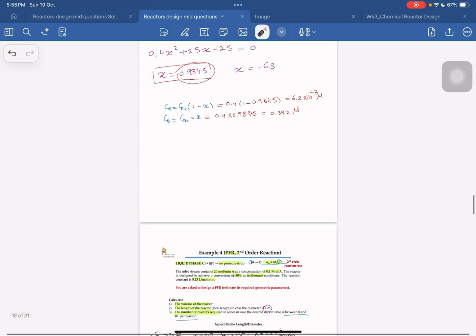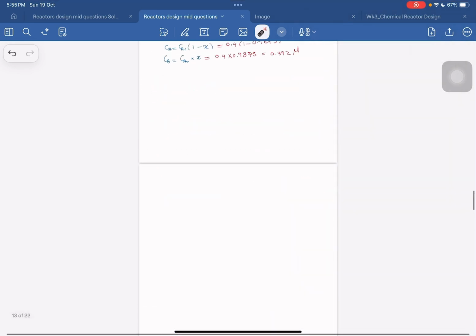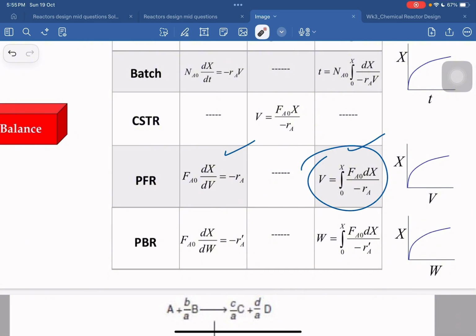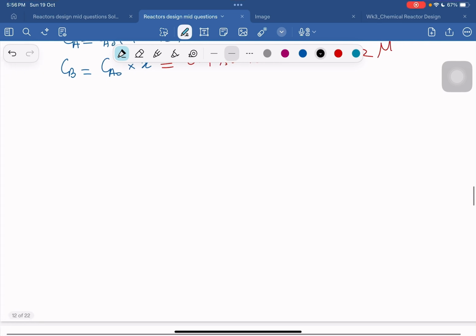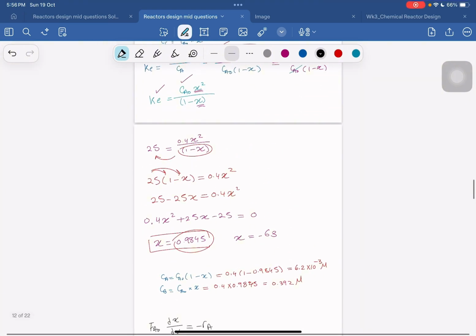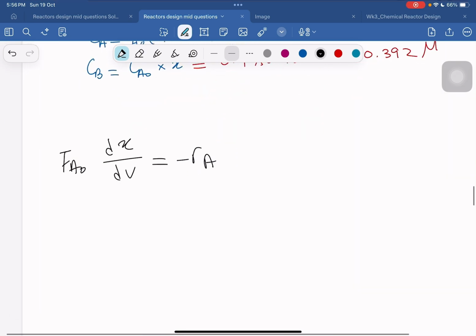We have a plug flow reactor, so we'll use this one. Fa naught dx over dv is equal to negative Ra. We already found Ra at the beginning, which is this. So we substitute it in place of Ra.